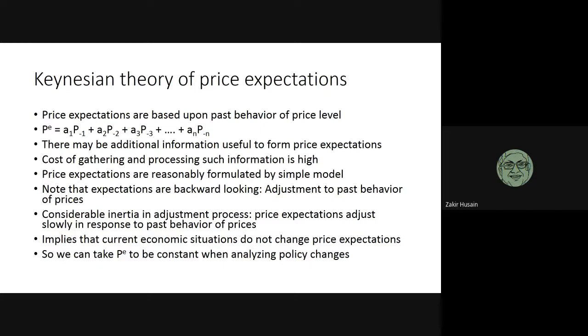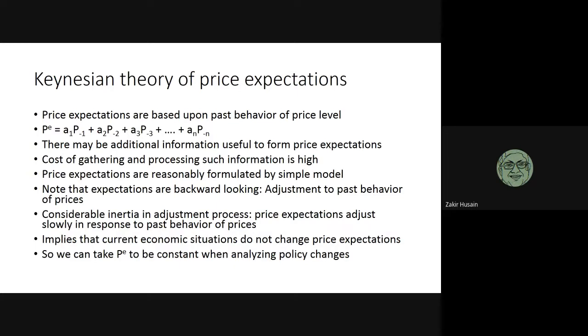And if something happens in the immediate present, it does not have an impact on price expectations. So if there's a policy change that occurs in the present period, not in the past, then in the immediate period I can take price expectations to be constant.